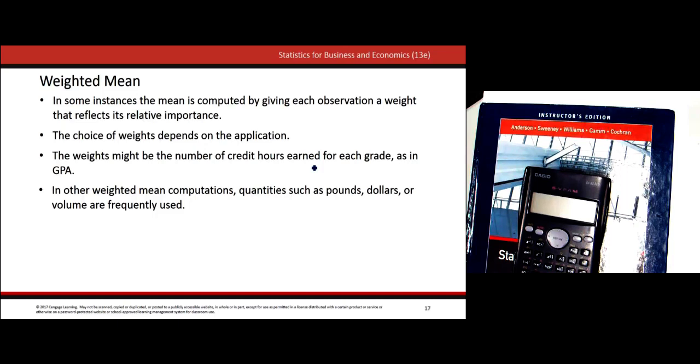For example, GPA. For example, they would like to calculate the GPA.